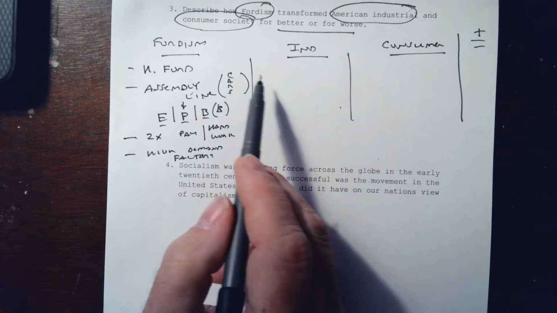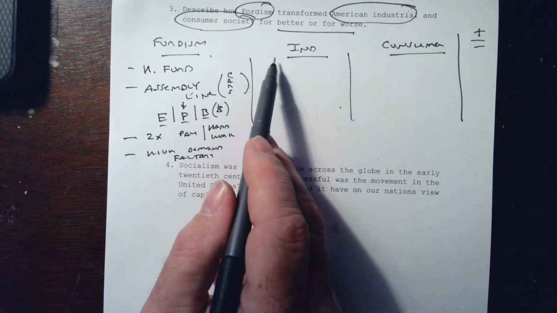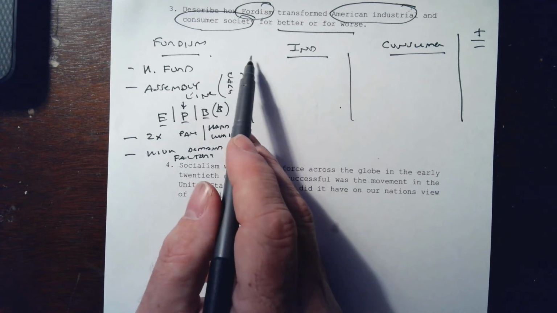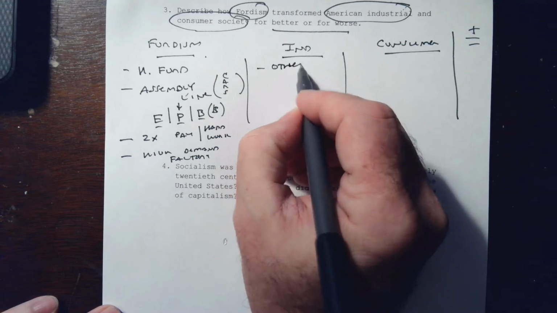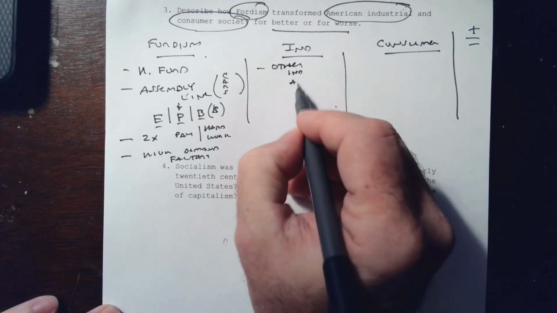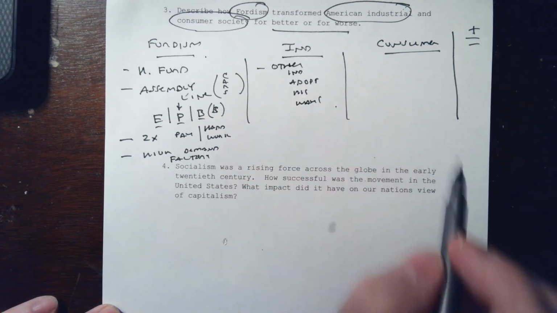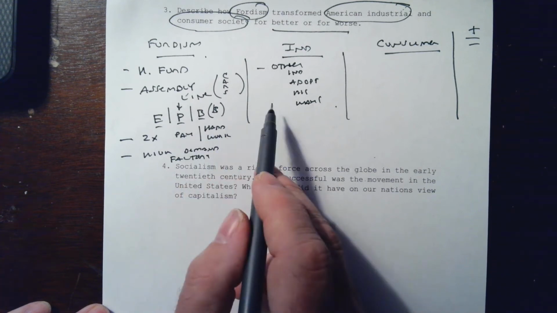Now, once you establish Ford, what you want to do is talk about the transformation. And now what you get is other industries adopt his ways. All right. And what you're essentially going to do is just tell me what ways were adopted and why.